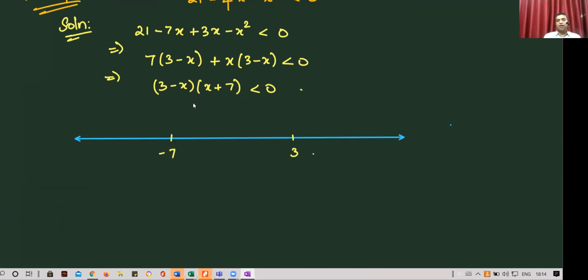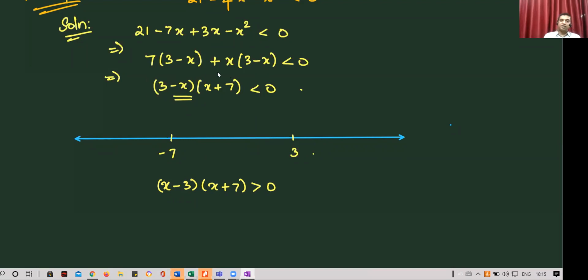Now I should not immediately write plus minus here, because this is negative. Coefficient of x is negative. So what I'll convert, I will multiply throughout with minus sign. Then I'll get x minus 3. That minus sign gets multiplied with this factor. I get x minus 3 into x plus 7. Inequality will reverse.